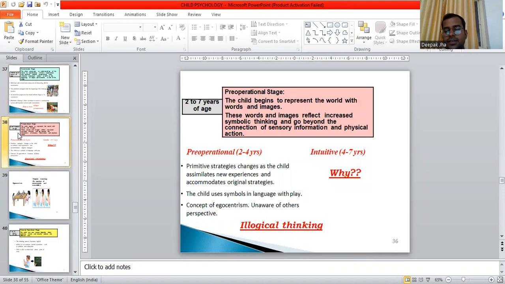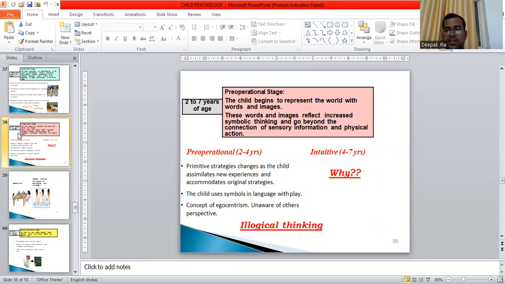Coming on to the next stage, this is the pre-operational stage. This stage lasts from 2 to 7 years of age. The child begins to represent the world with words and images. As I told you, now he's moving from senses and physical touches to outer things. So now he's beginning to represent the world with words and images.